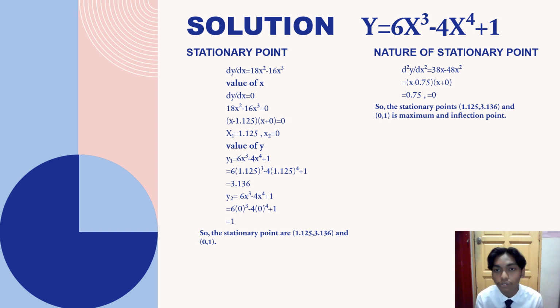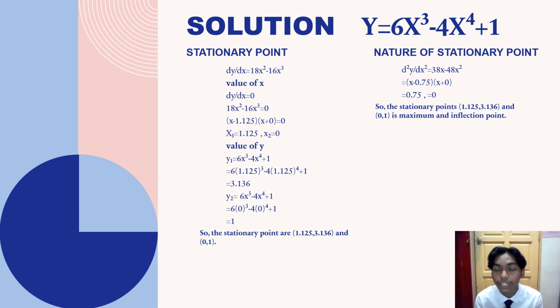So second, we have to find the nature of the stationary points. For the nature of the stationary points, we are going to use the second derivative, for which we find d²y/dx². From dy/dx, 18 times 2 and 2 minus 1, and minus 16 times 3 and 3 minus 1, correction. So we will get 36x minus 48x^2.